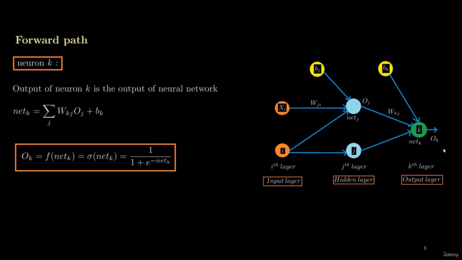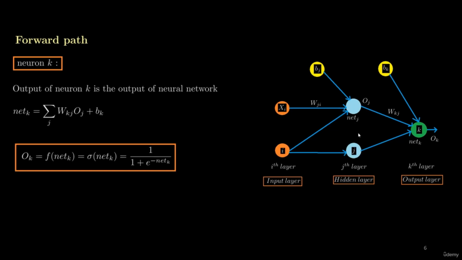And finally, we will take the activation of net k in order to complete the equation of neuron k. So if we see here, k is getting input from the hidden layer. So what is the input? The input is the product of the input which is coming from the jth layer and the weight associated with it. So we have to multiply these. So we have w k j and o j.